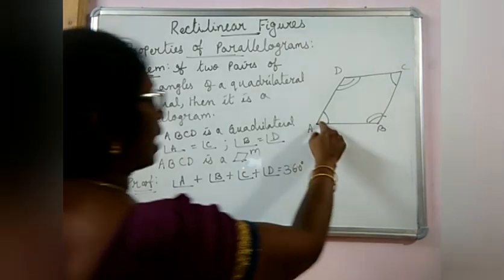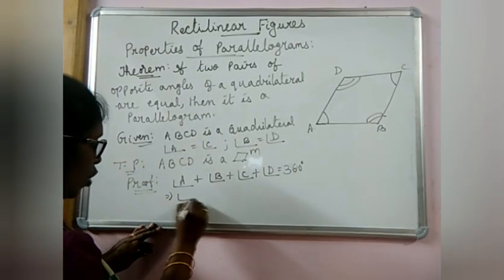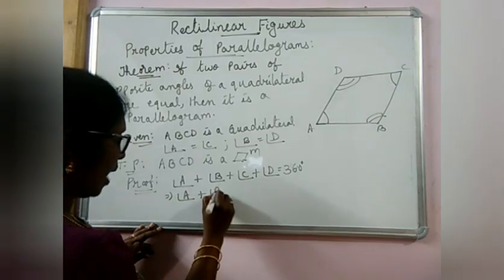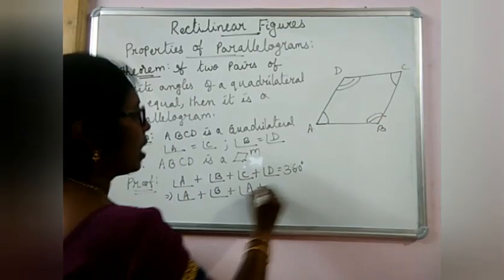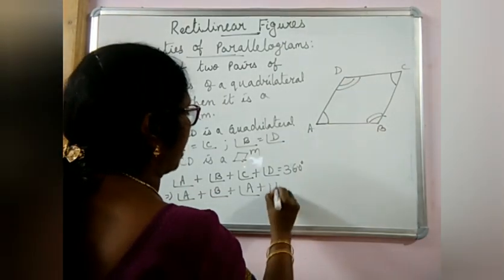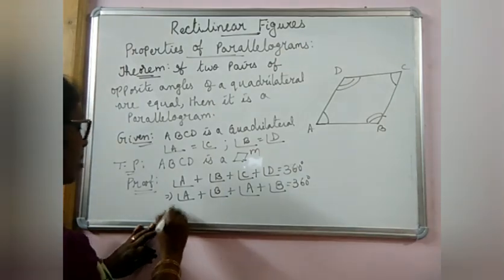But we know that angle A equal to angle C, angle B equal to angle D. So angle A plus angle B, in place of C, let me write angle A, in place of D, let me write angle B. Any problem? I am not giving you the reasons.